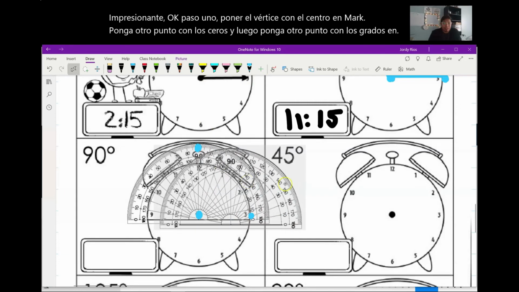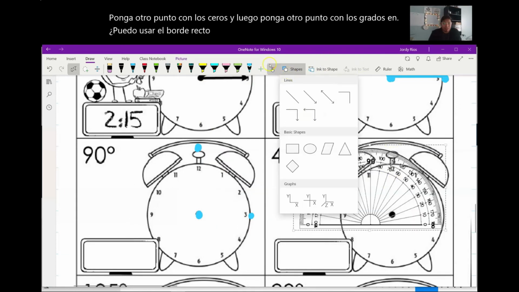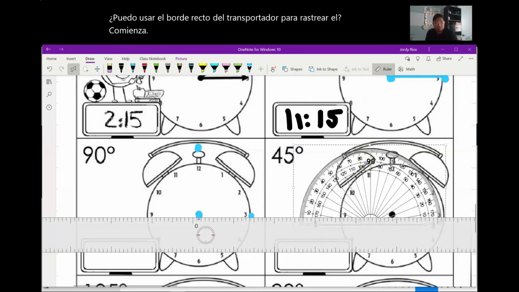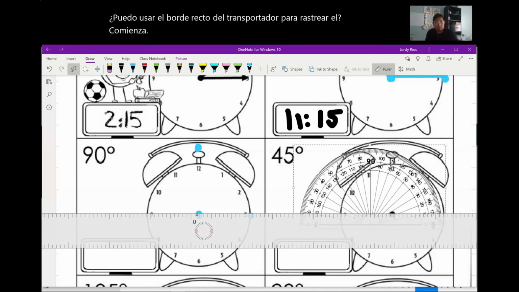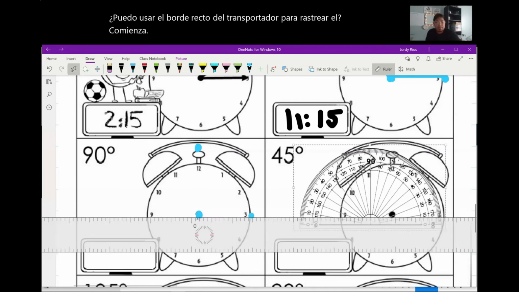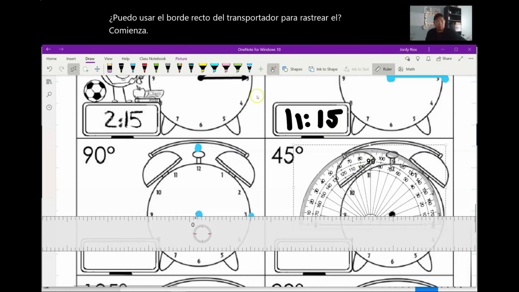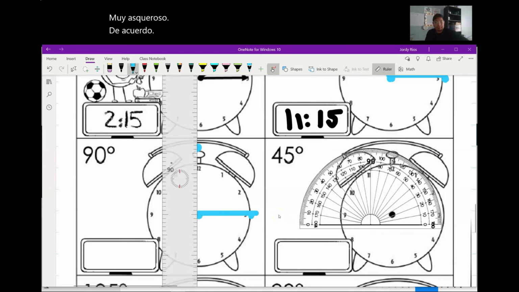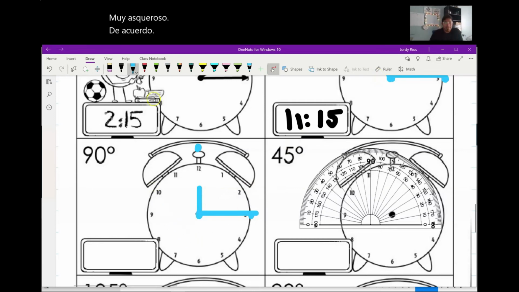Now use the straight edge of the protractor to trace the dots. Oh, almost fell. Awesome. What type of angle is that? A right angle. Cool. And it's 12 o'clock. Awesome.